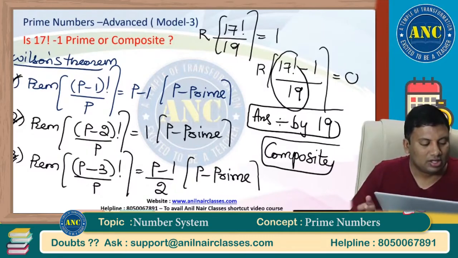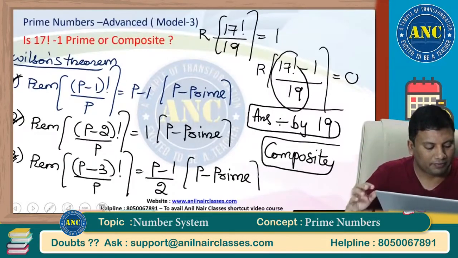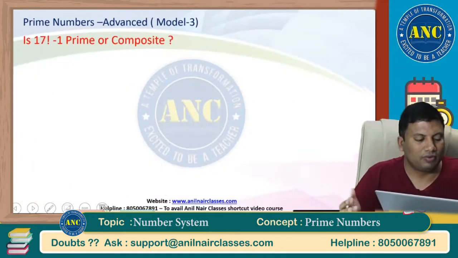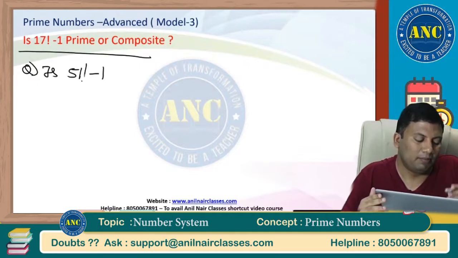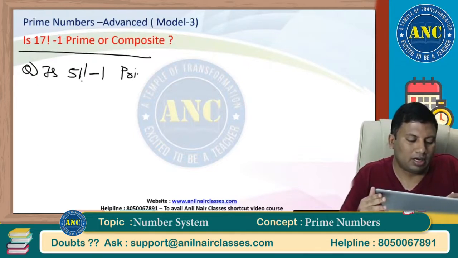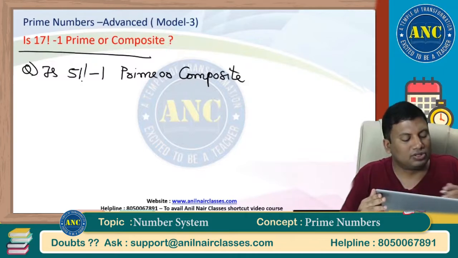Let us solve some more examples of this model so that it will be clear to you. Now, a few more models. Is 51 factorial minus 1 prime or composite?